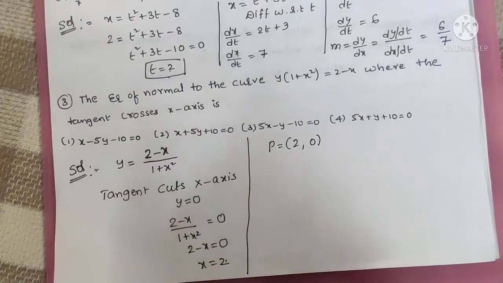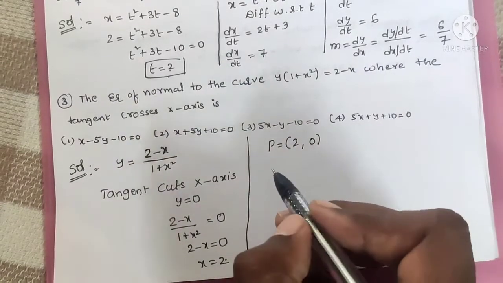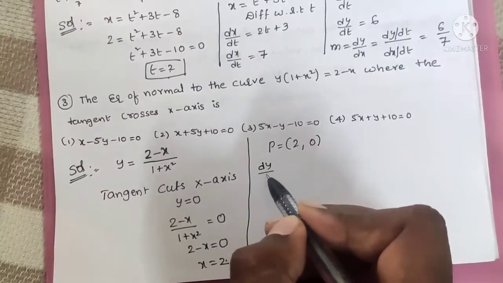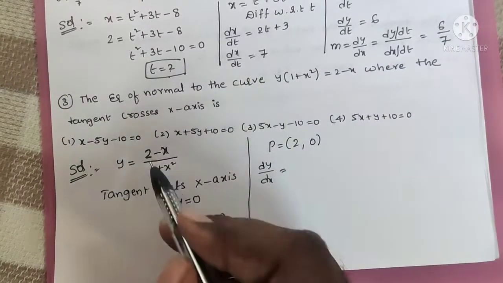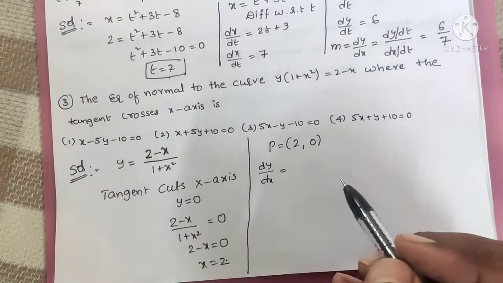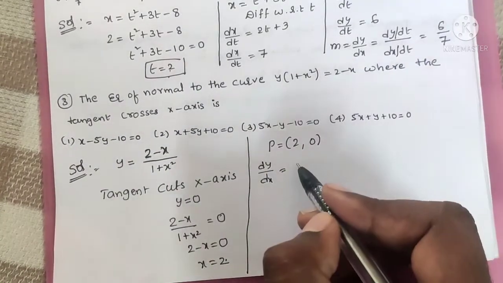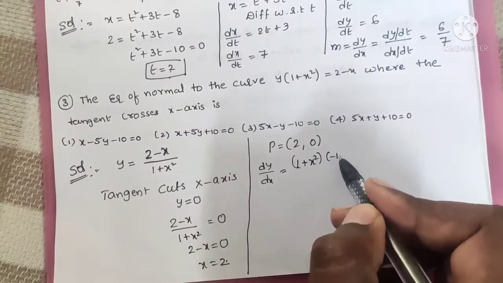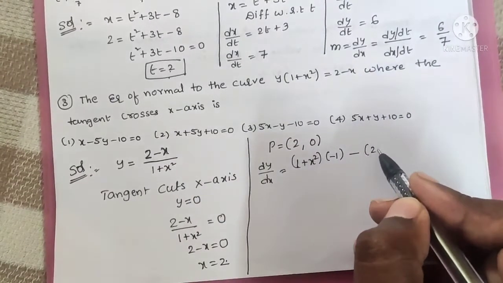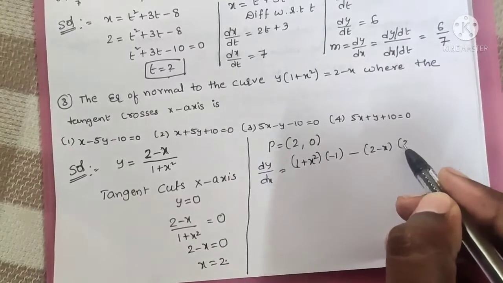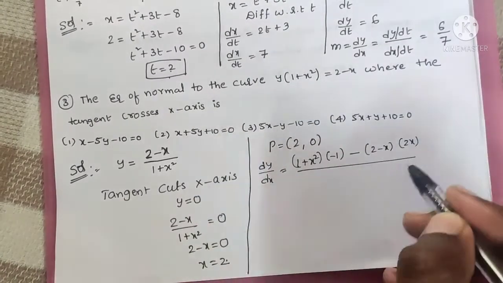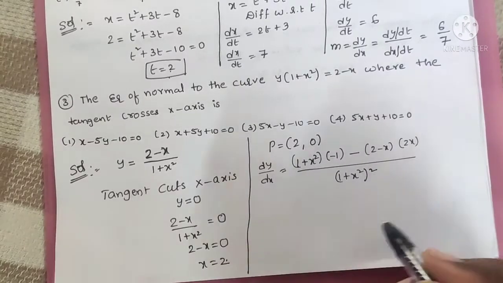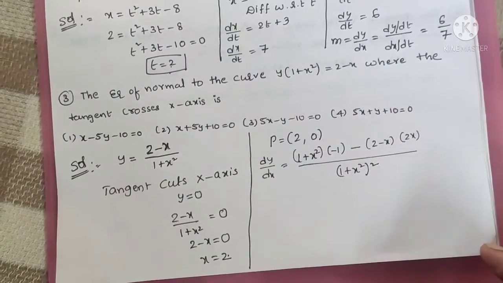But we require the equation of the normal. That's why we are finding the slope, which is nothing but dy by dx. How to find the derivative of this function? We need to apply the u by v formula: v into the derivative of the numerator, minus 1, minus u into the derivative of the denominator, 2x, by v square; that is, (v u dash minus u v dash) by v square.